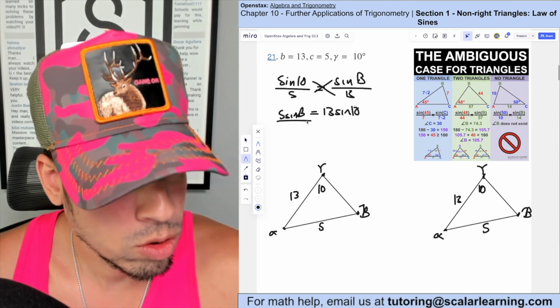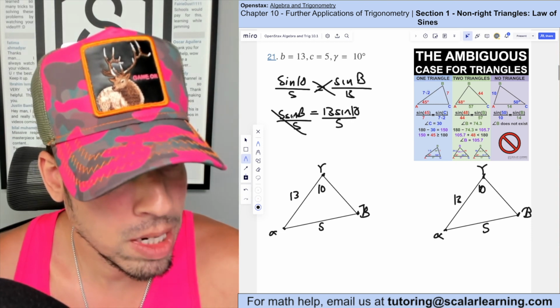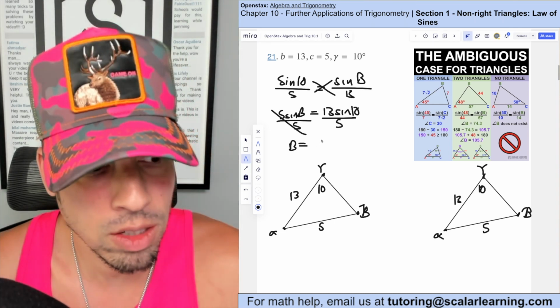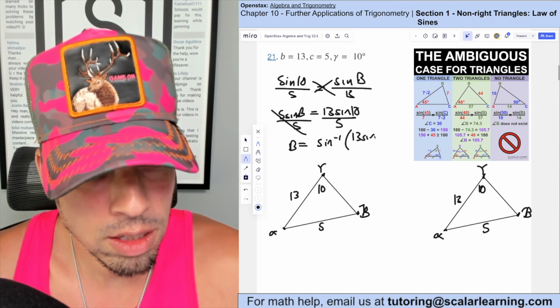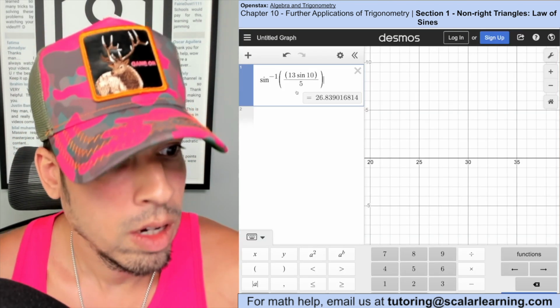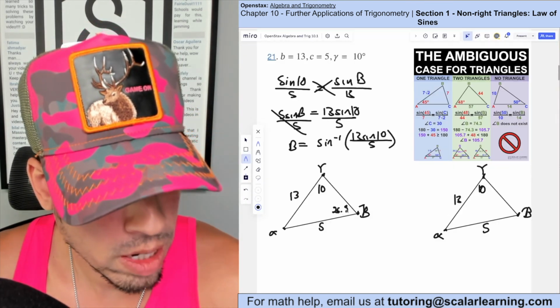And then we're going to divide both sides by 5 first, and then to find beta, we have to take arc sine of this whole expression, right? The opposite of sine. So we got arc sine of 13 sine 10 over 5. And to calculate this, let's plug it into Desmos. And here we get 26.8. So in this triangle, we'll have 26.8 degrees.